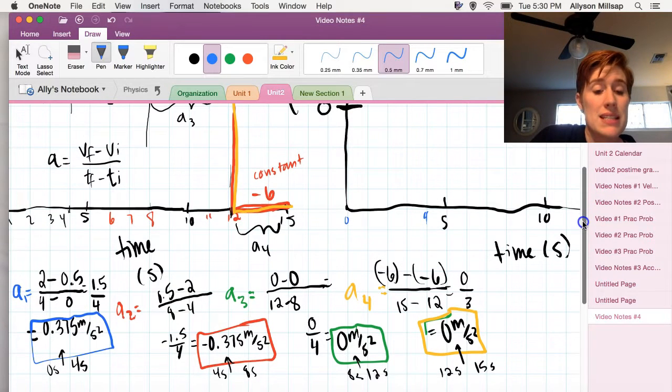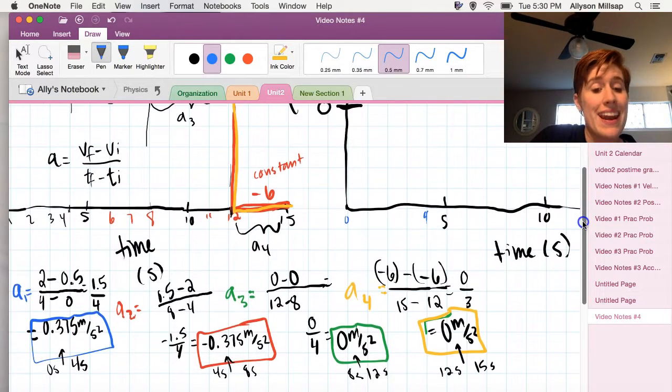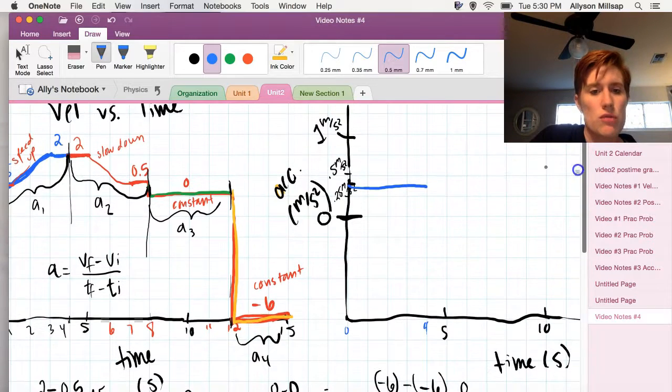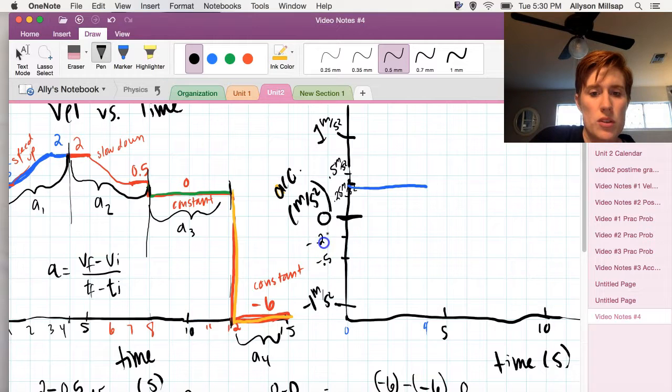Then I do the same exact value, but it's negative, and it's between seconds 4 and 8. So let's say this is -1 meter per second squared, this is negative 0.5, and this is negative 0.25.